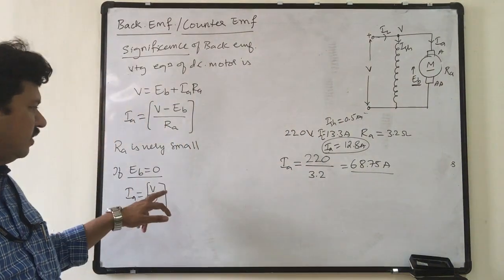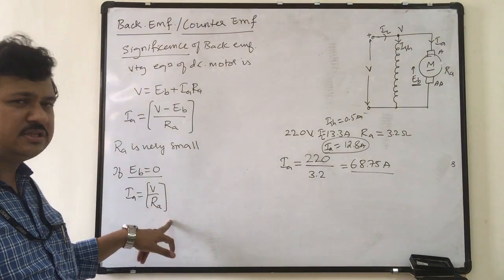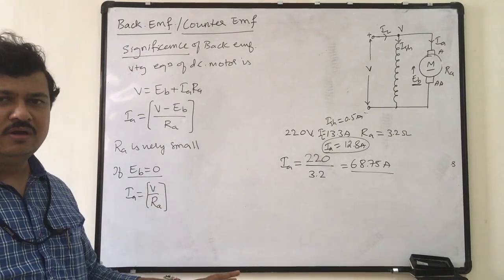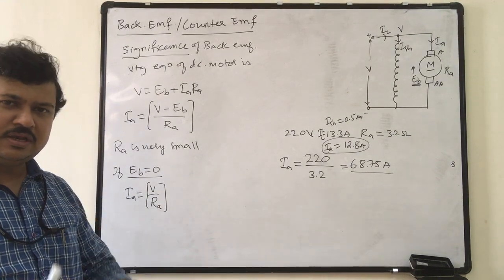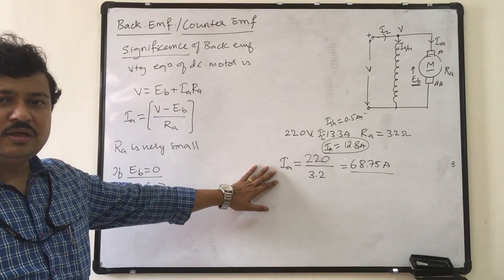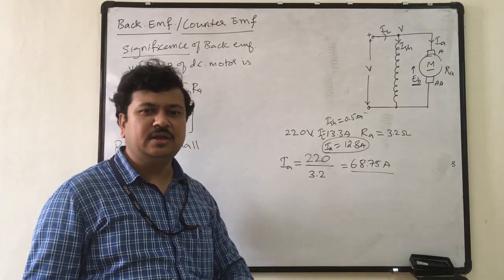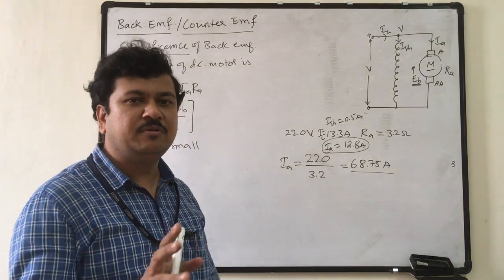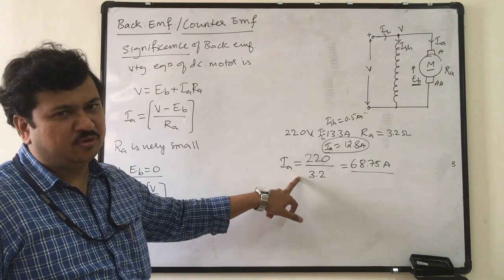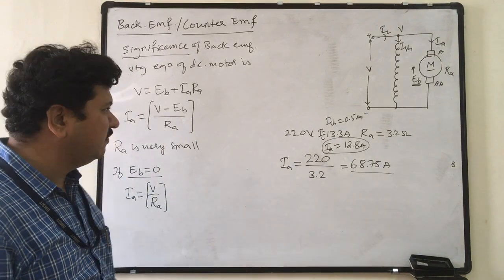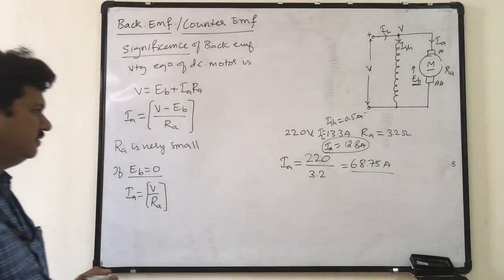So whenever the motor rotates, back EMF is bound to occur. And because back EMF is generated automatically, my motor is regulated with respect to large armature currents. So automatically it is saved. This is how the opposition by nature is saving and stabilizing the motor. So because of back EMF, the DC motor is operating in a stable condition.